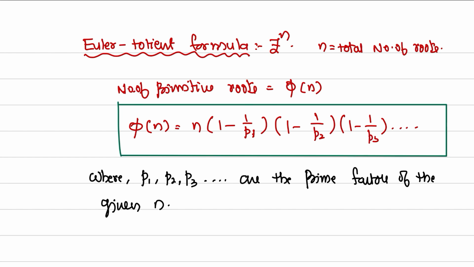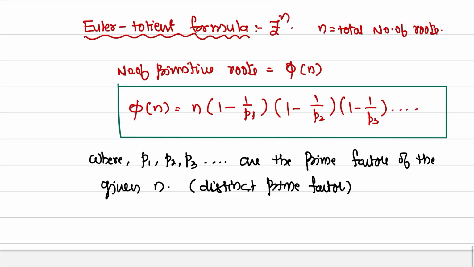Each and every number should be distinct. If 2 comes 2 times, you should take only 1 time, because it is distinct prime factors.